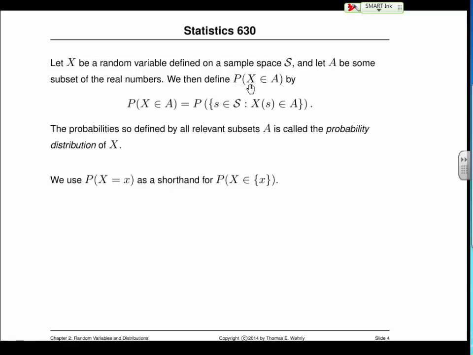And then the probability that X takes a value in A is just the probability of the set of outcomes in the sample space that are mapped into that event A. And so if we can define this for any subset A of the real line, we'll get the probability distribution of X. And so what I just looked at, the probability that X equals x, was shorthand for the probability that X takes a value in the set consisting only of little x.